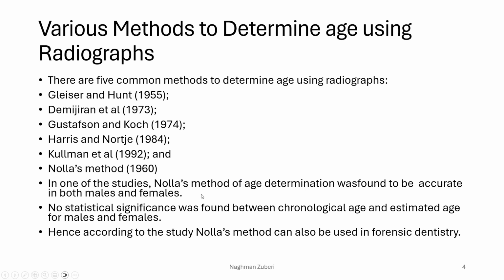In one of these studies, Nolla's method of age determination was found to be accurate in both the male and female population. No statistical significance was found between the chronological age and estimated age for males and females. Hence, according to the study, Nolla's method can also be used in forensic dentistry.